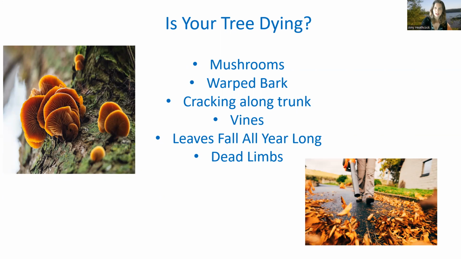So it's very dangerous. Leaves fall all year long. If it's summertime and you are losing leaves that look like these, your entire root system of the tree is gone. There's no more structure for the tree, and a good storm is going to come in and knock your tree over. It's bad. I've seen it happen.